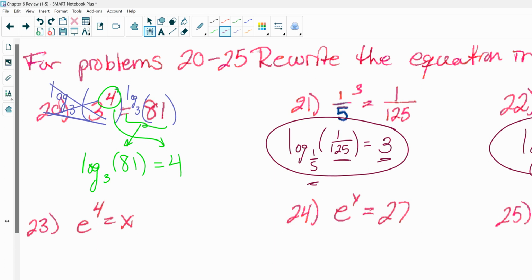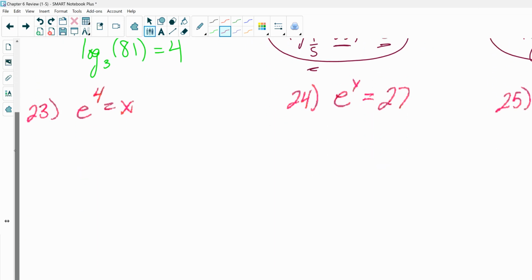Let's look at 23. e to the 4th equals x. What would this be? ln of x equals 4.